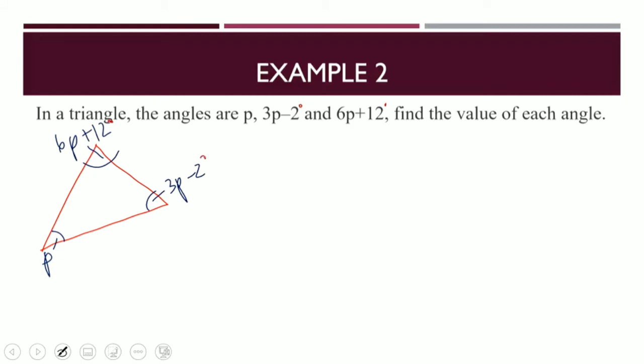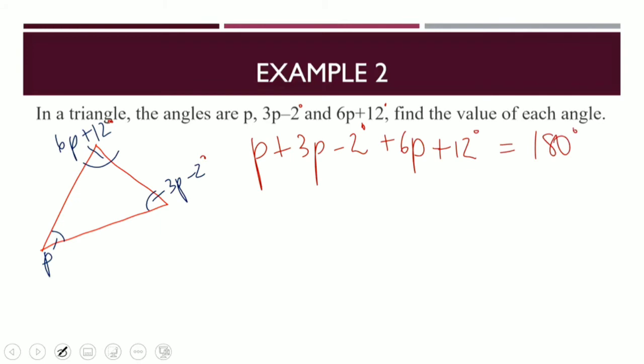So here we go. We have P plus 3P minus 2 degrees plus 6P plus 12 degrees, and all of those equal to 180 degrees. As long as you write that the sum of the three angles equals 180 degrees, you are well on your way.